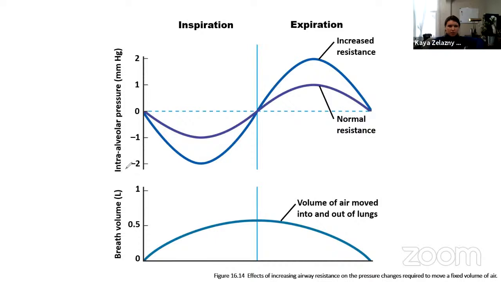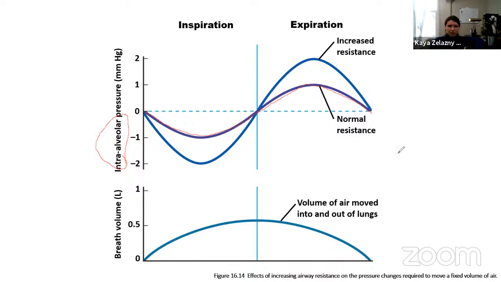We're looking at the intra-alveolar pressure, and how much pressure we need to create that specific breath volume with normal resistance. That's our dark blue line, our normal resistance line. We get to a pressure of about -1 during inspiration and about +1 during expiration. That's with normal resistance.